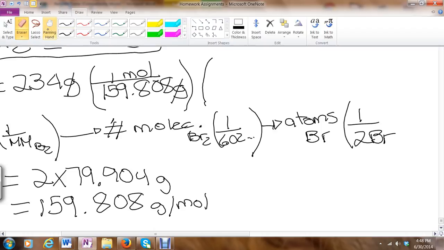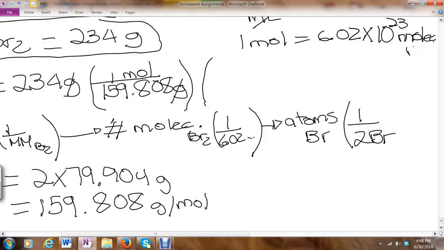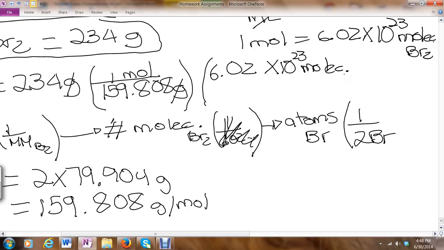The conversion is 1 mole equals 6.02 by 10 to the 23rd molecules of Br2. We're still with the diatomic molecule, so we multiply by Avogadro's number, 6.02 by 10 to the 23rd molecules of Br2, per 1 mole.